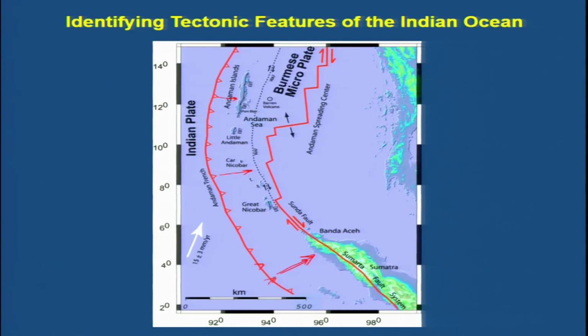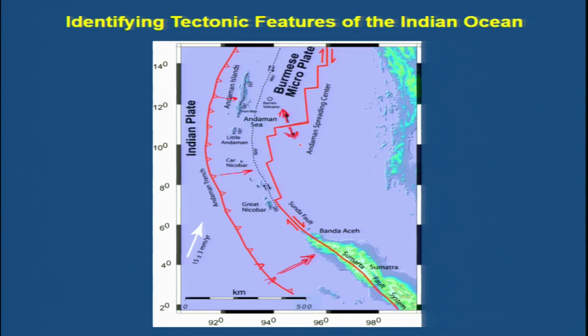So this is the direction of subduction, and this is showing the spreading ridge. Spreading ridge means where the lands are separated from each other due to extensional tectonic regime.